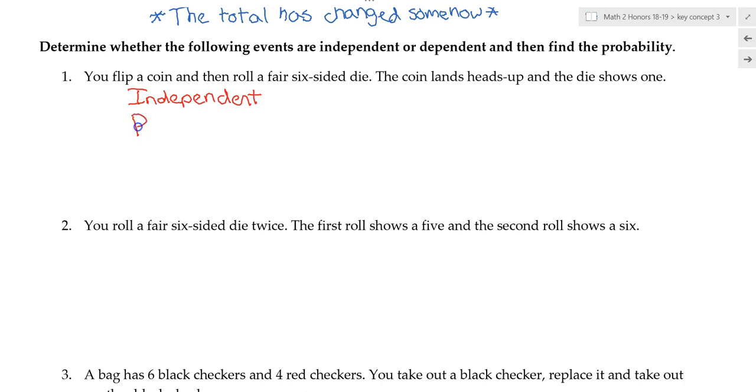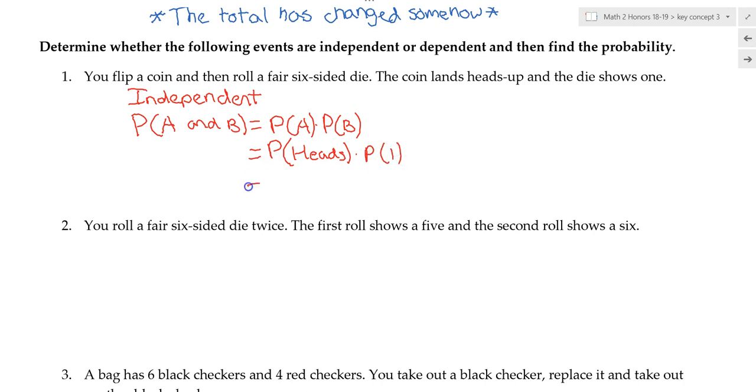The probability of A and B equals the probability of A times the probability of B, which is the probability of landing on heads, 1 out of 2, times the probability of rolling a 1, 1 out of 6. 1 half times 1/6 is 1/12. Done.